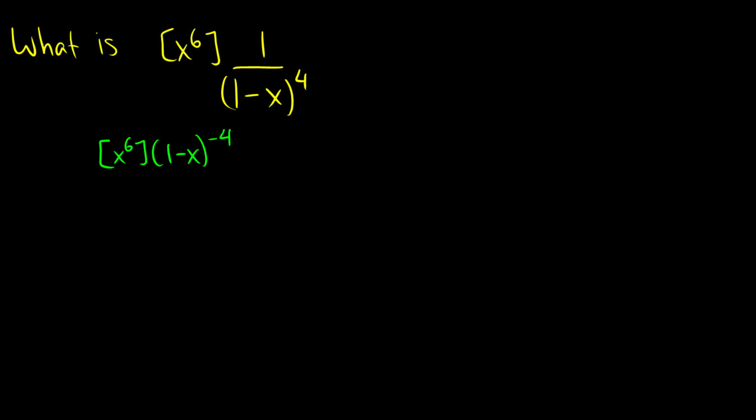Okay. So in this example, this value right here is our n, and this value right here is our r. Now, why is it this way? Well, we have negative 4, and we're choosing 6 of them. So this x to the 6 corresponds to negative 4 choose 6.